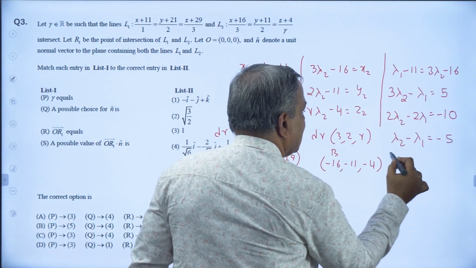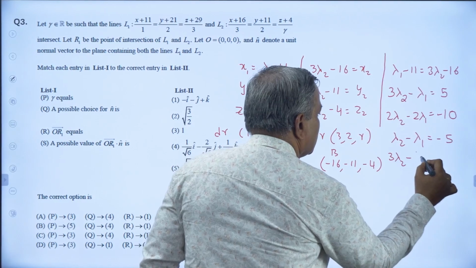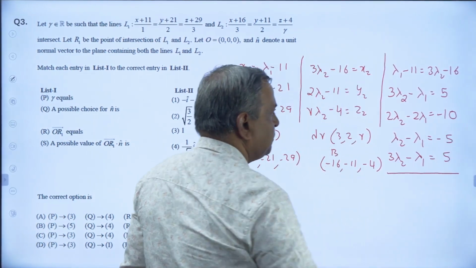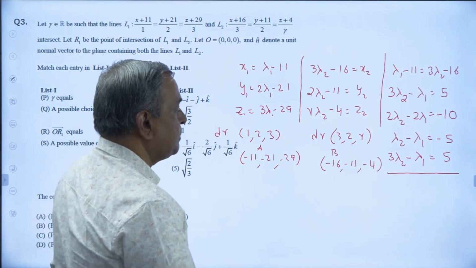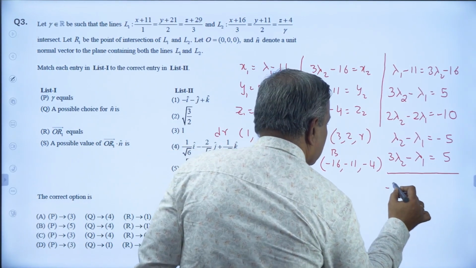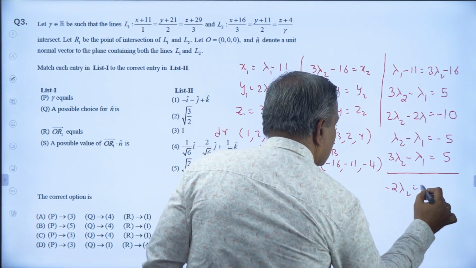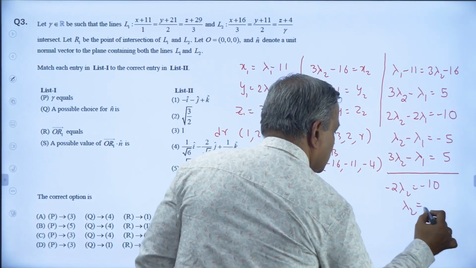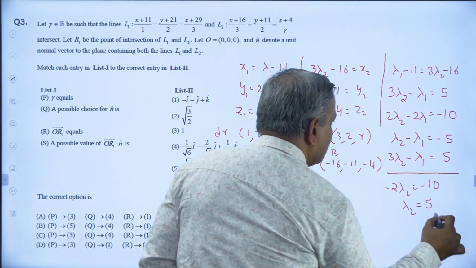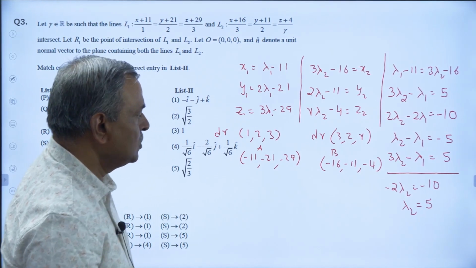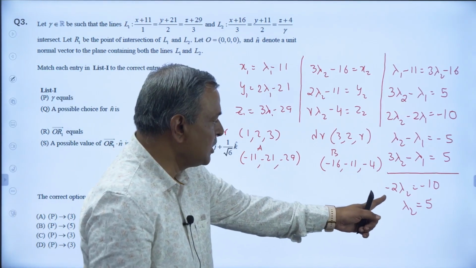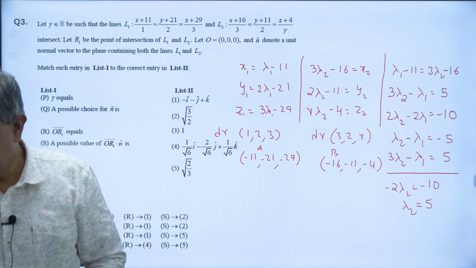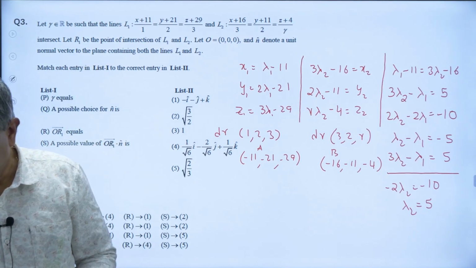And you got 3 lambda 2 minus lambda 1 is equal to 5. We subtract it. When we subtract, what do we get? Minus 2 lambda 2 is equal to minus 10, or lambda 2 is equal to 5. Okay, lambda 2 we got as 5.